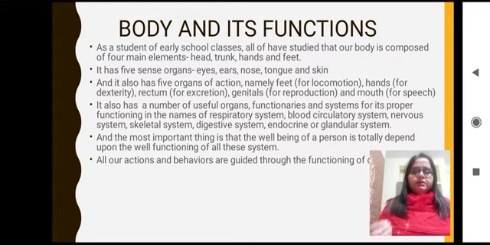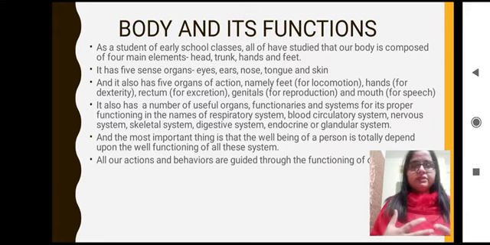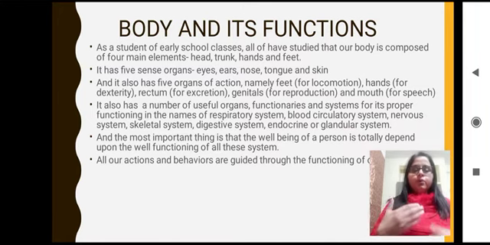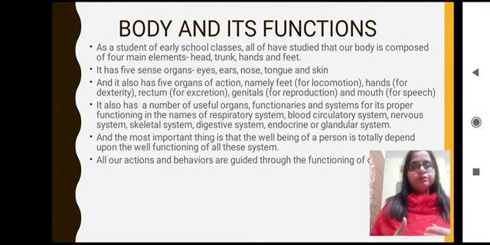The most important thing about a normal human being is that if all these elements, all these sensory organs and systems are functioning properly, then our whole body and mind are going to function well. That means all our functions and behaviors are guided through the functioning of the body.